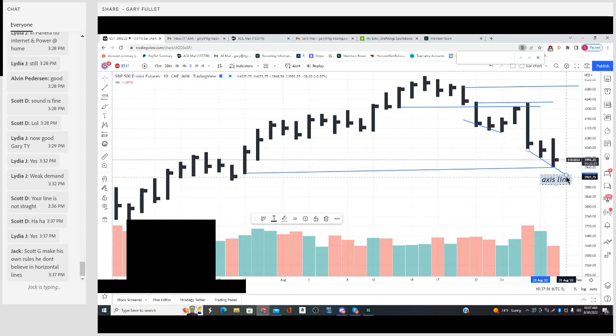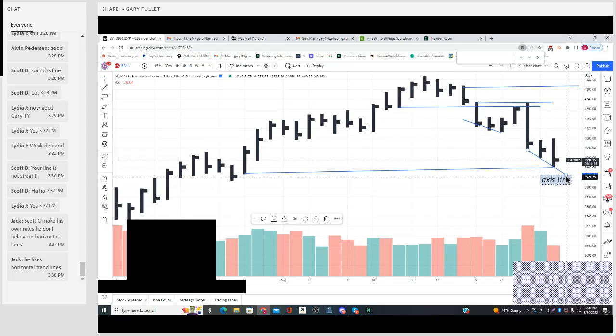Well, certainly trend lines for sure don't work. We know trend lines don't work, but we do know horizontal lines do work.